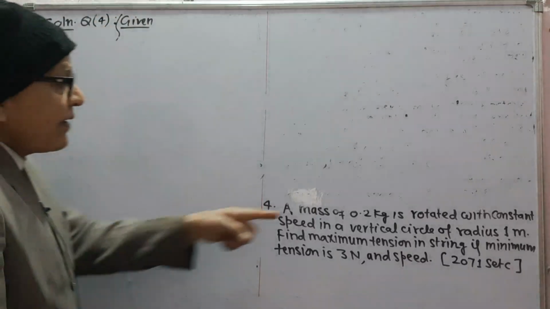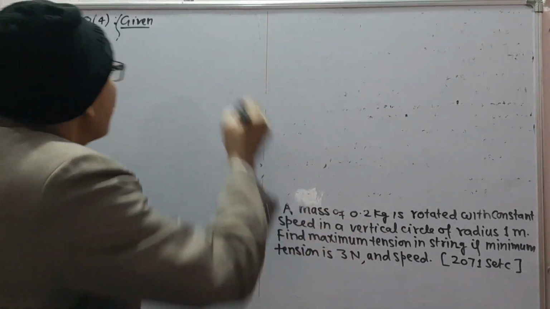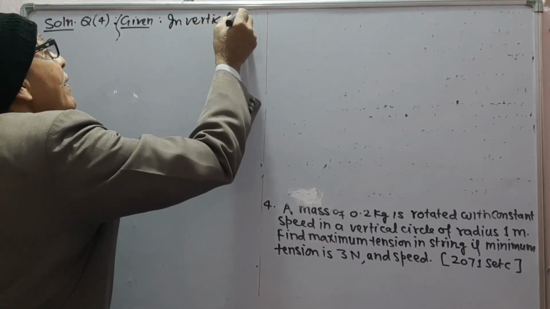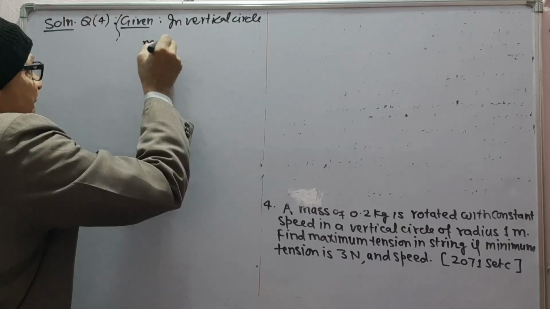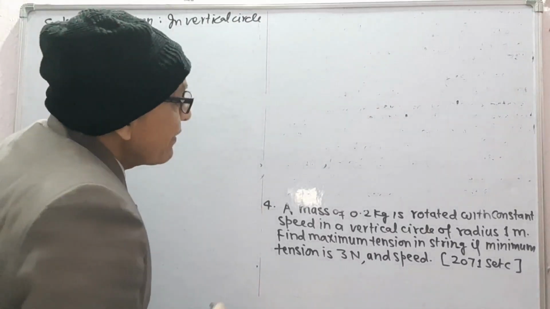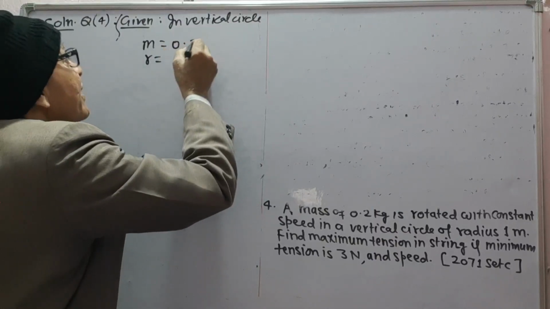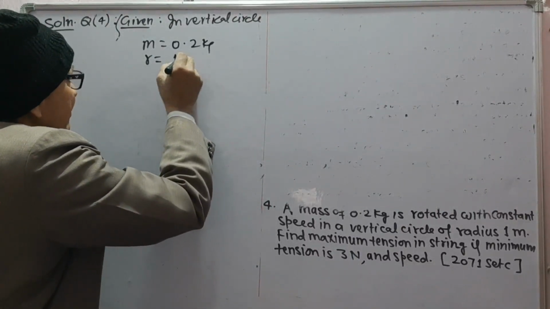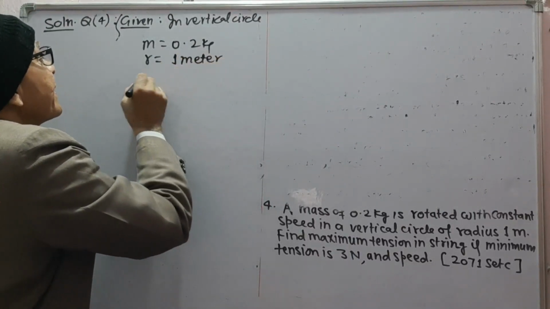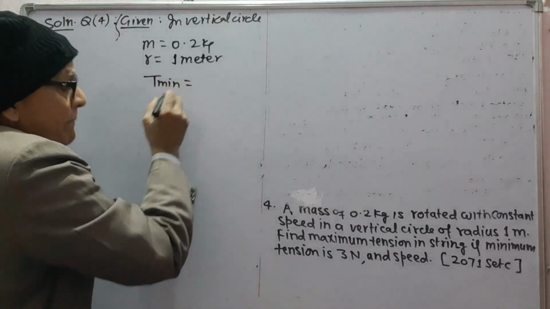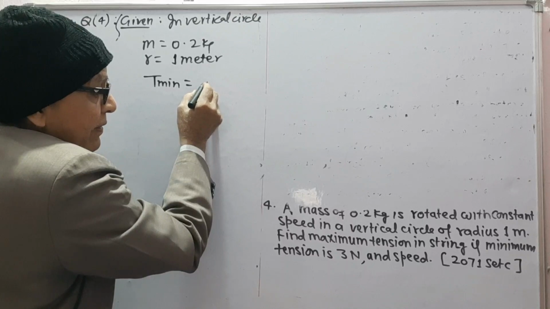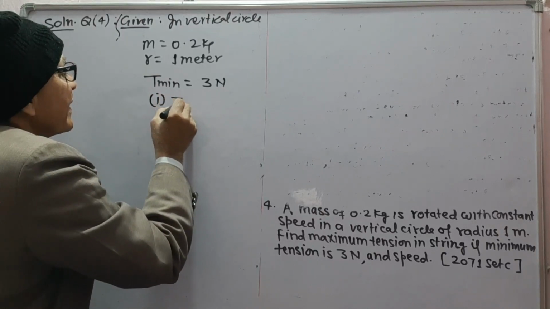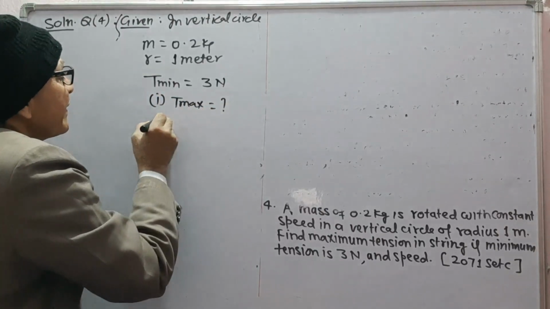Here given in vertical circle, mass is 0.2 kg, radius 1 meter, T minimum is given to be 3 Newton. We have to find T maximum and speed.